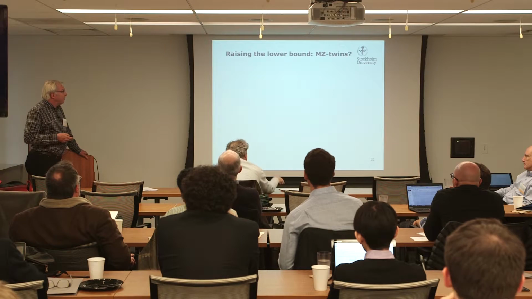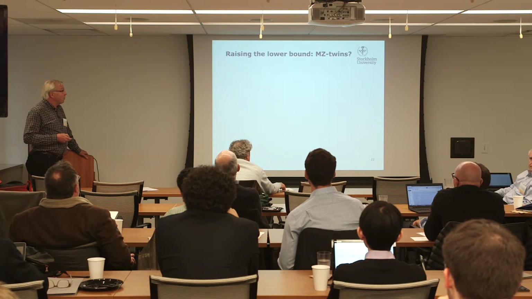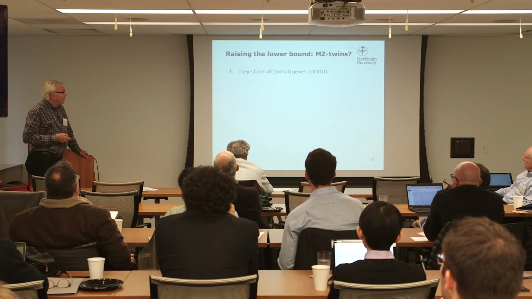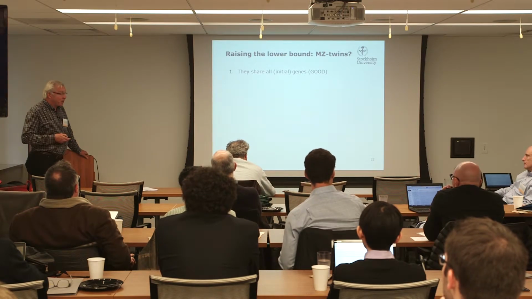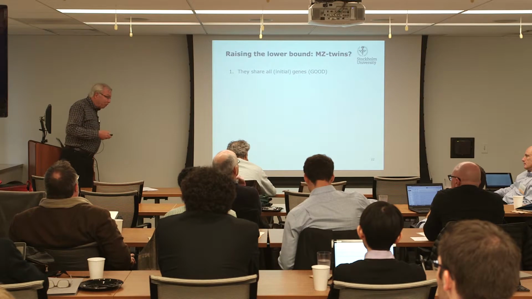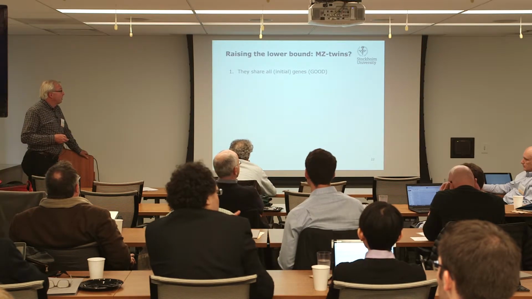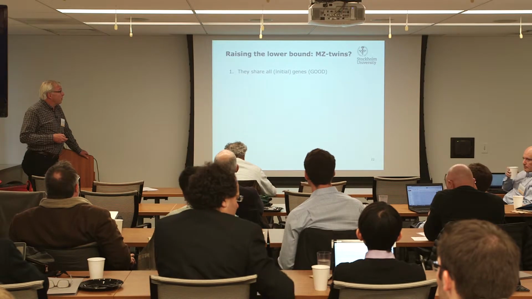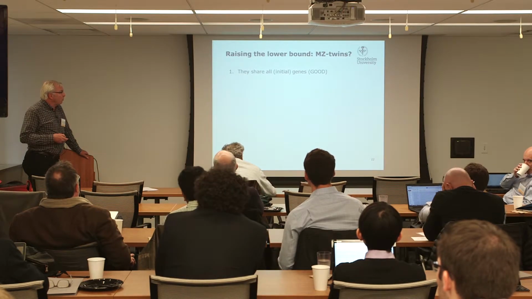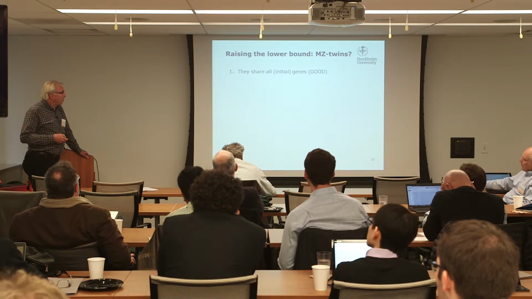And then one can ask whether one can instead rely on the result from MZ twins. And they share all genes. I have added initial here if you are concerned about epigenetics, that genes change due to the environment.